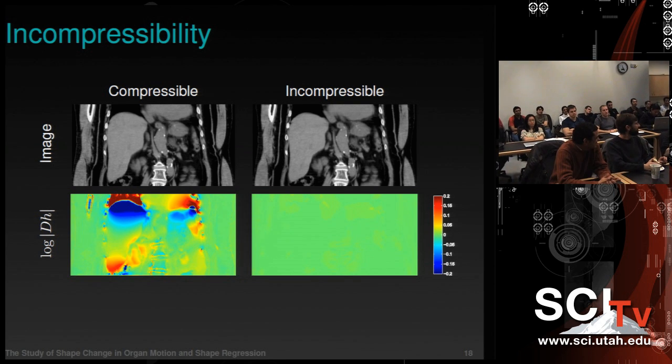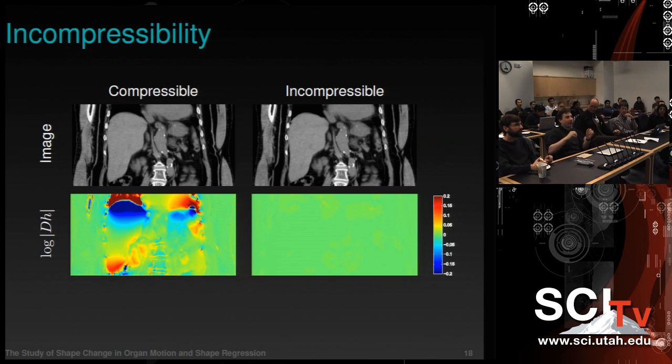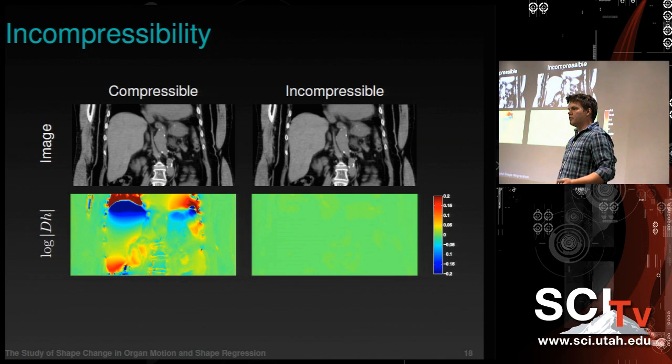So you've taken all of the change in volume out of this. Is this really realistic? Are you enforcing this too much? Yeah. So for the liver, for instance, which is the main organ if we're looking at a liver tumor, it's not that unrealistic. There are volume changes, but they're mainly due, as far as I'm aware, to perfusion and pulse and overall blood pressure and stuff like that. But they're not due to the actual motion of the organ as a whole.